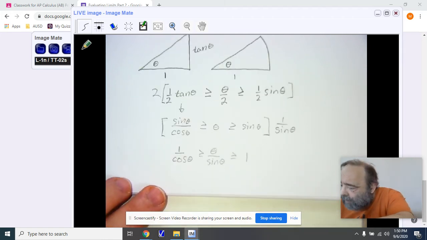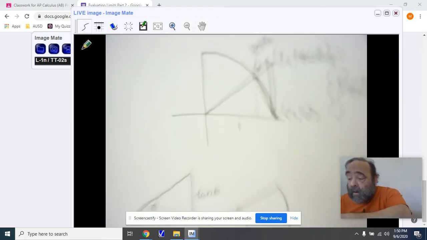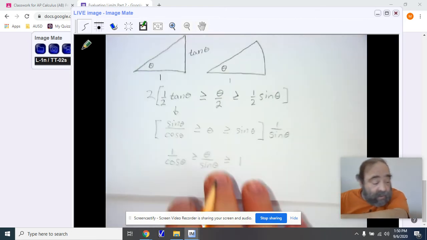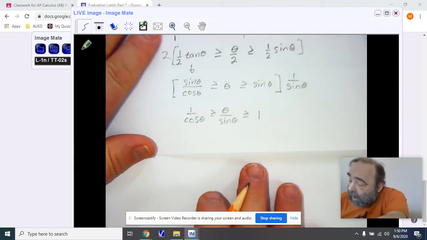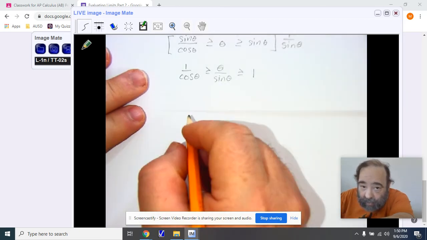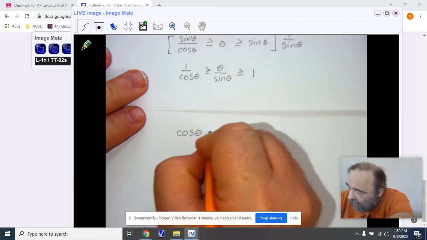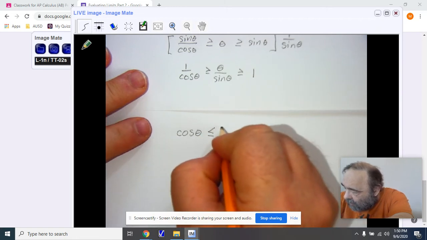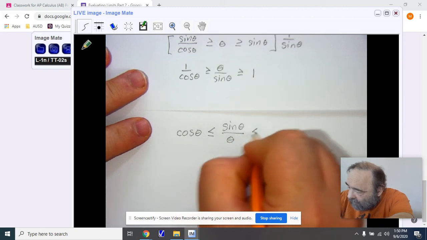Now watch what's going to happen here. I'm going to take the reciprocal of everything. Remember, when we take the reciprocal, we flip our inequality. So 1 over cosine becomes the cosine of theta, and that is now less than or equal to the sine of theta over theta, which is less than or equal to 1.